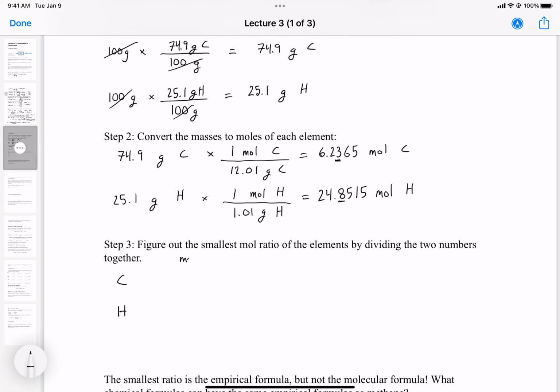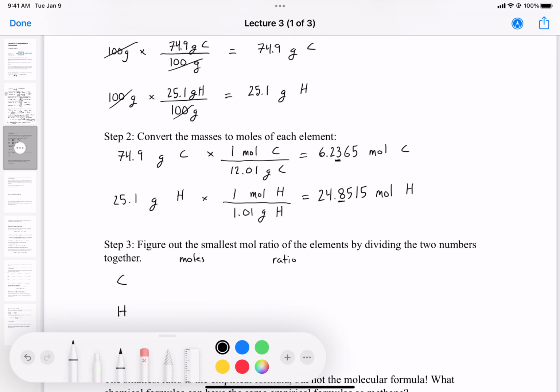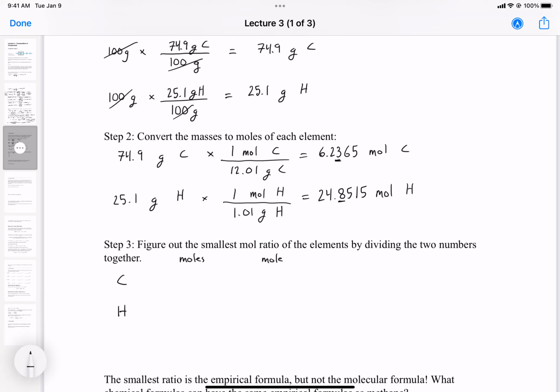Then I'll list the moles here, and then I'll find the mole ratio here, and then here we'll say the ratio in the formula. So this will be the ratio in the formula.